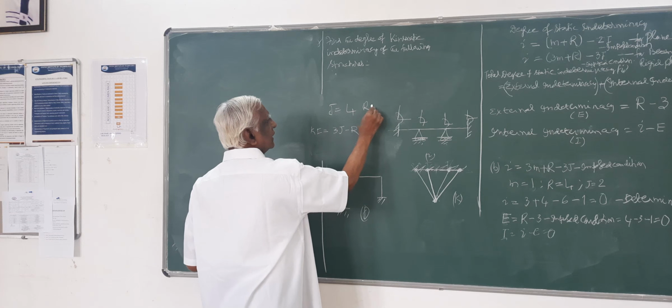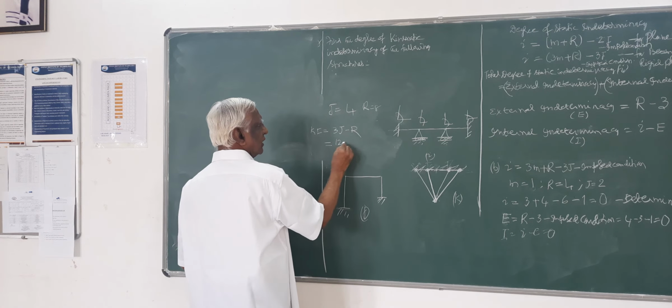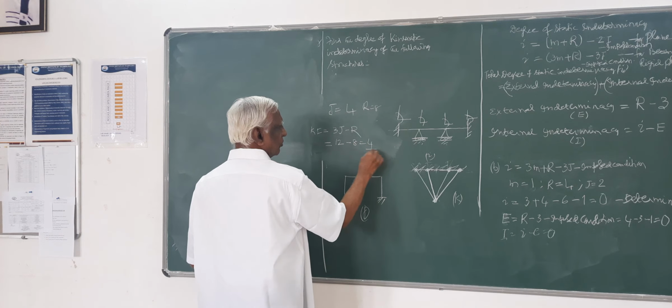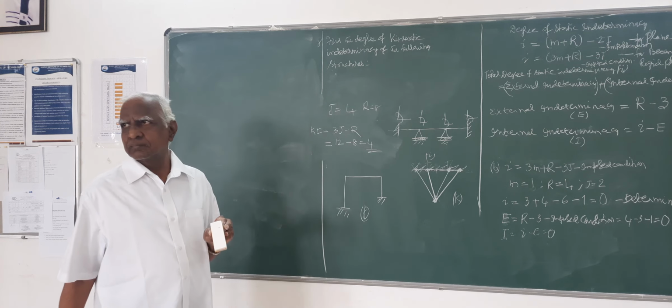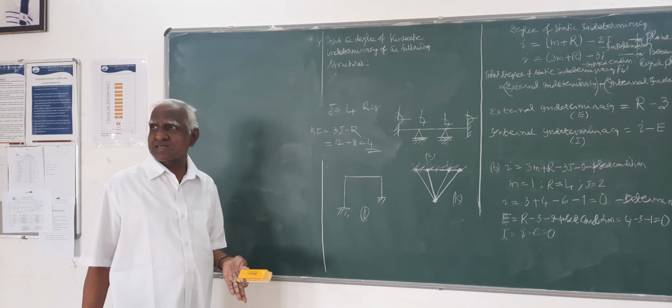R is 8. So kinematic indeterminacy is 3 into 4, 12, minus 8, 4. So you mark which are the 4 unknown displacements.